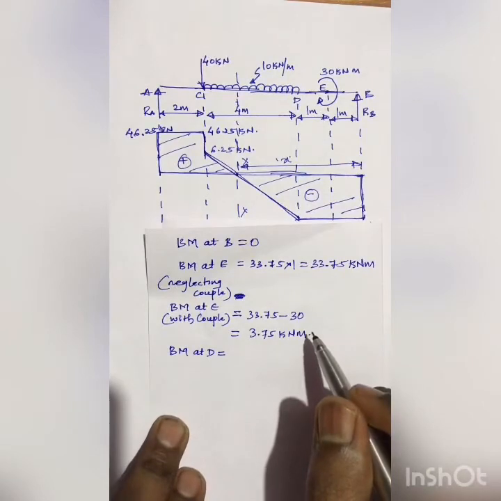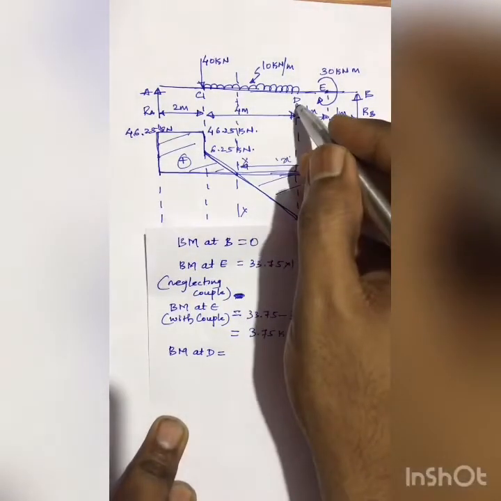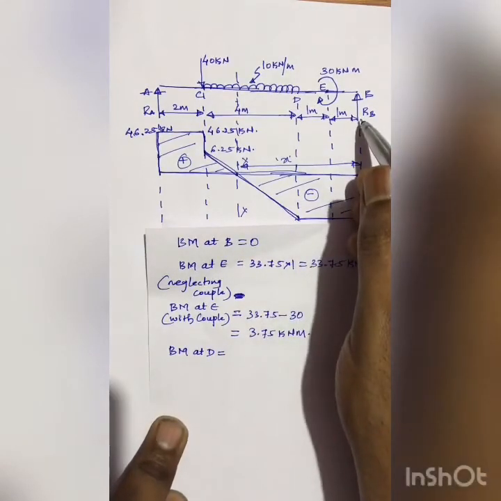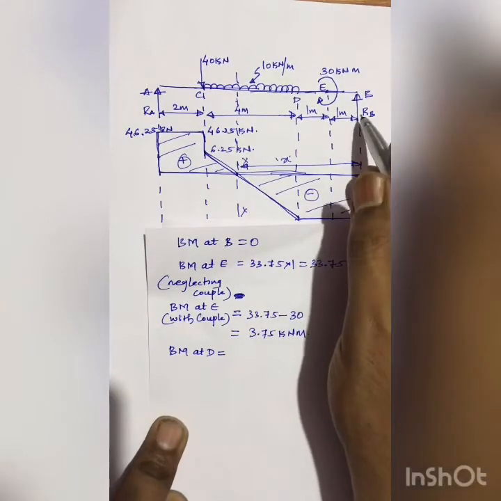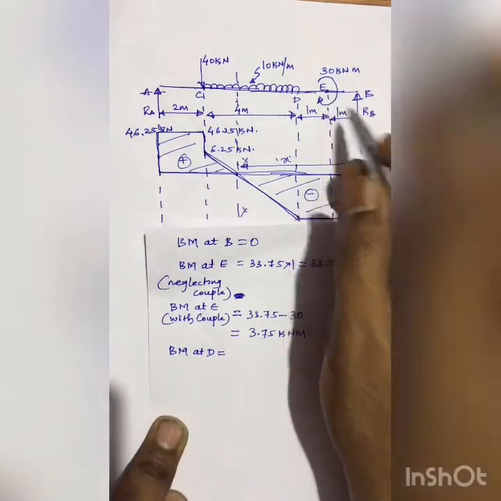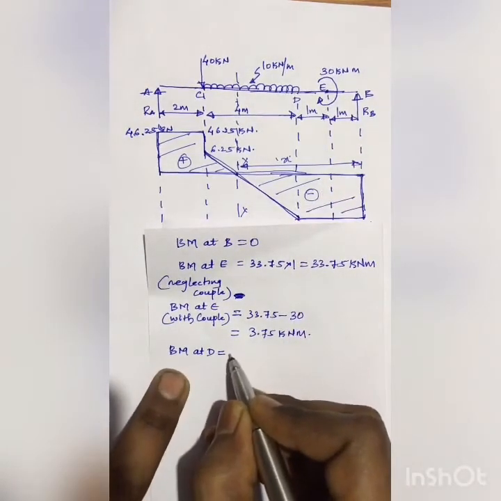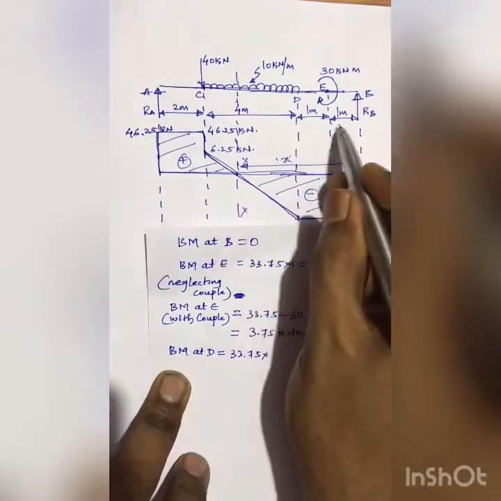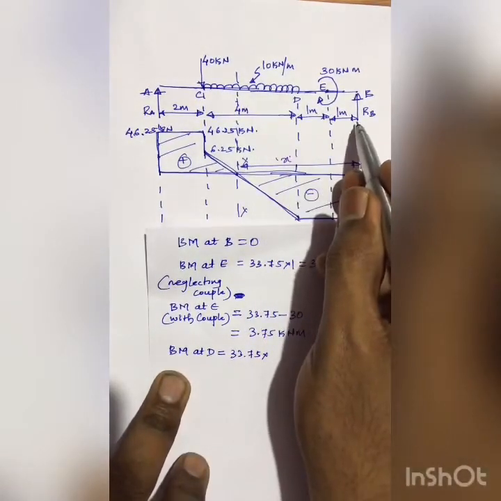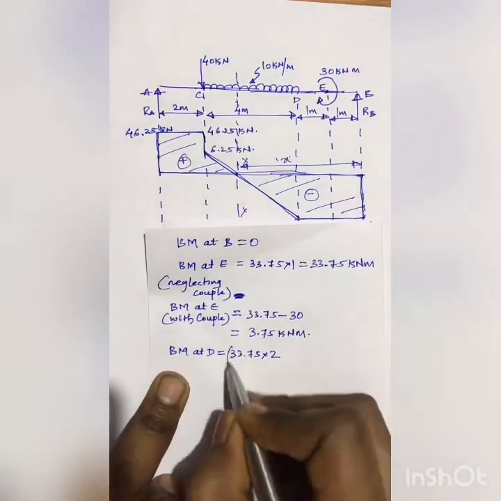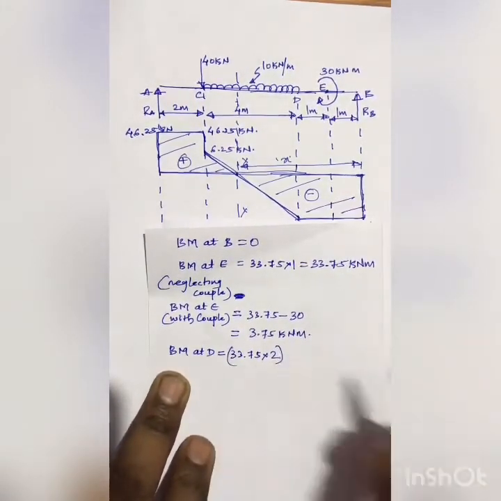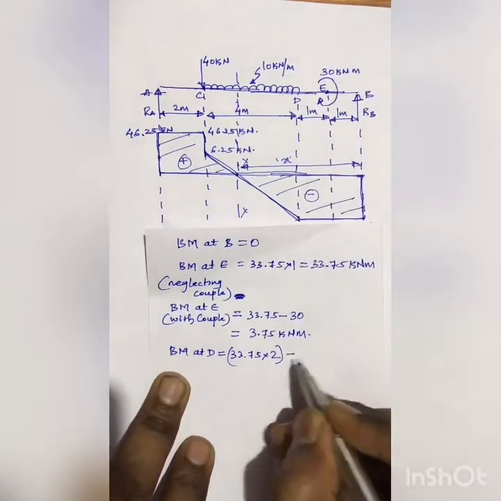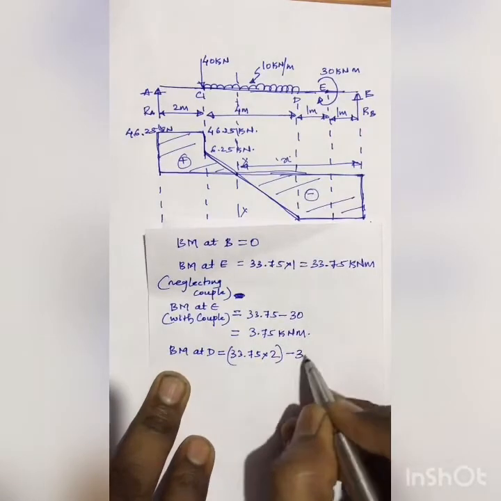Next I'll have to find out the bending moment at point D. So first I'll consider this force RB, which is 33.75, and RB is causing anti-clockwise moment and hence it will be positive. So I'll write RB, which is 33.75 into the distance from point D to RB, which is 2 meter, and I'll have to subtract this couple now, minus 30.